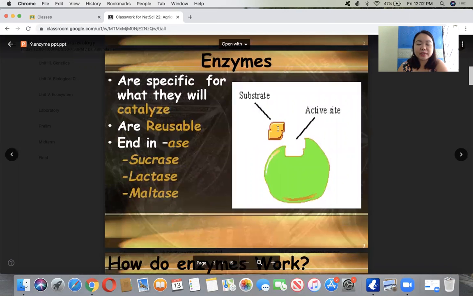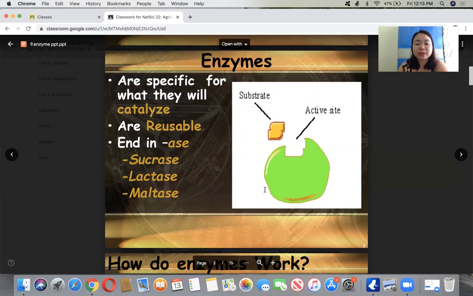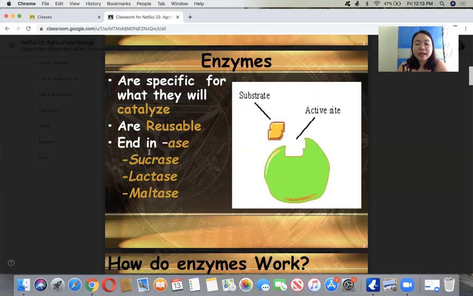So we have here a substrate, wherein there is a specific structure which is fitted to the substrate in the active site. So this is the enzyme itself, and these are reusable and usually end in -ase.